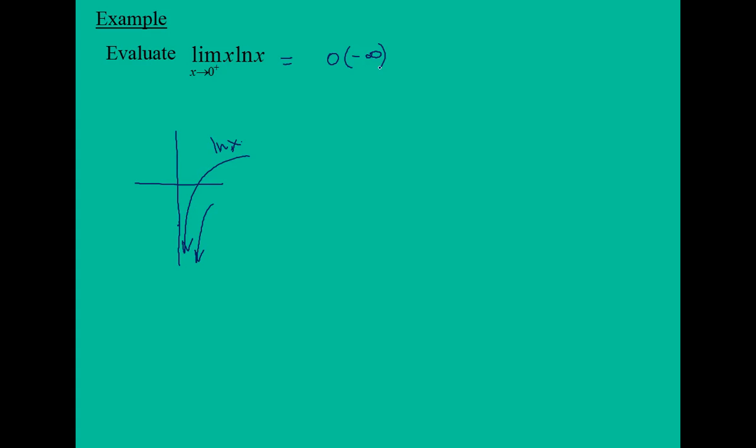So that's the indeterminate form, 0 times infinity. So we're going to apply this rule. I'm going to leave ln of x in the numerator and rewrite x as 1 over x in the denominator. Now if we use direct substitution, we would get negative infinity, since the limit of ln of x as x approaches 0 from the right is going off to negative infinity.